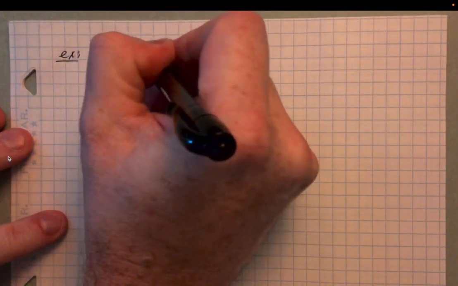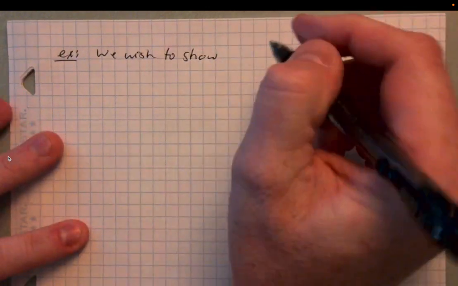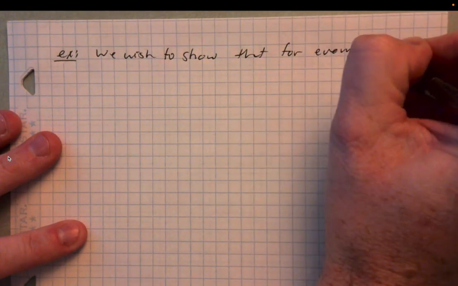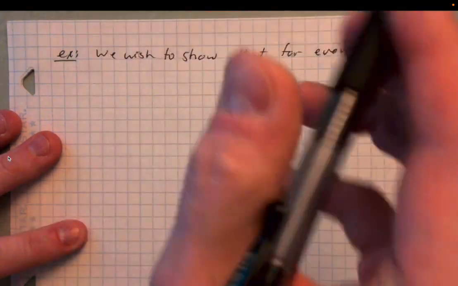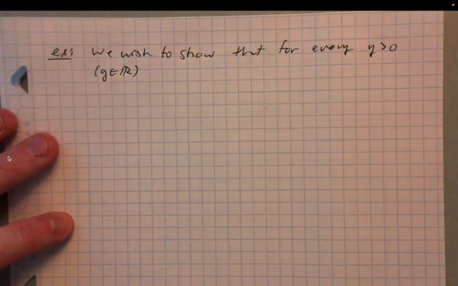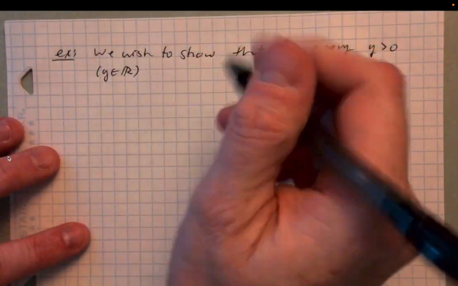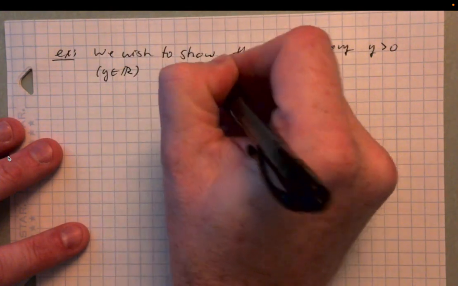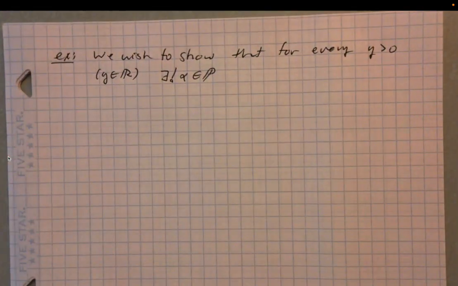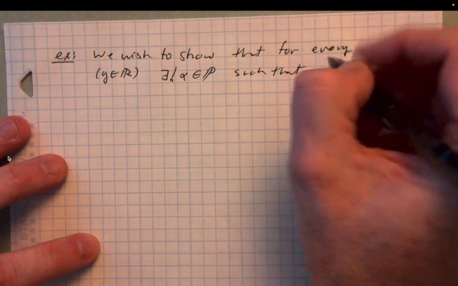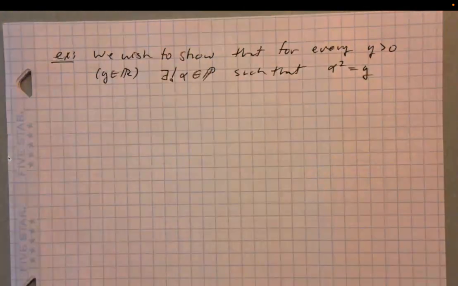So we wish to show that for every y greater than 0, every real number, so we'll say y is in R, there exists a unique positive alpha such that alpha squared is equal to y.